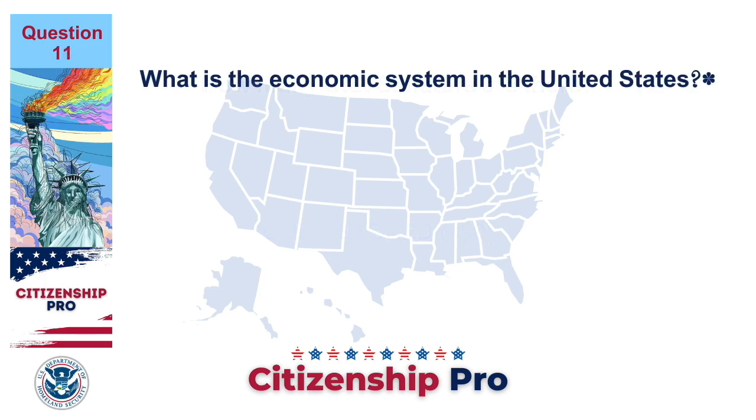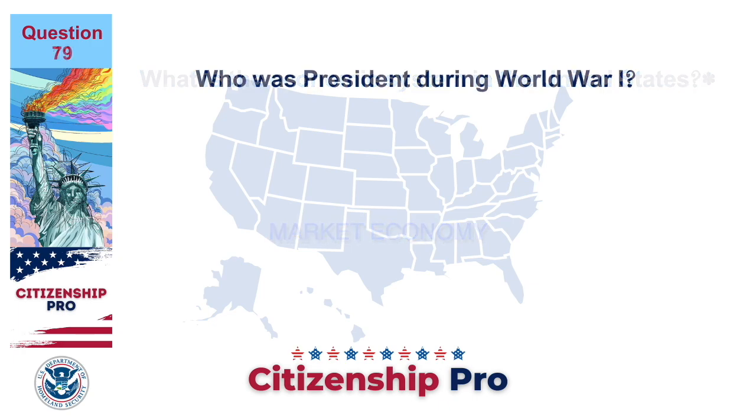What is the economic system in the United States? Market economy. Who was president during World War I? Woodrow Wilson.